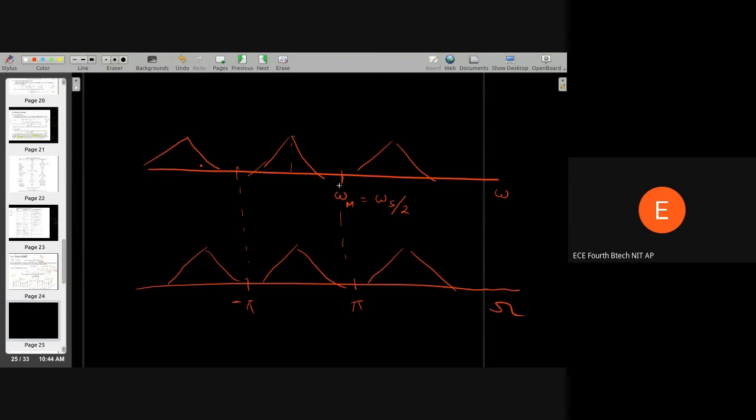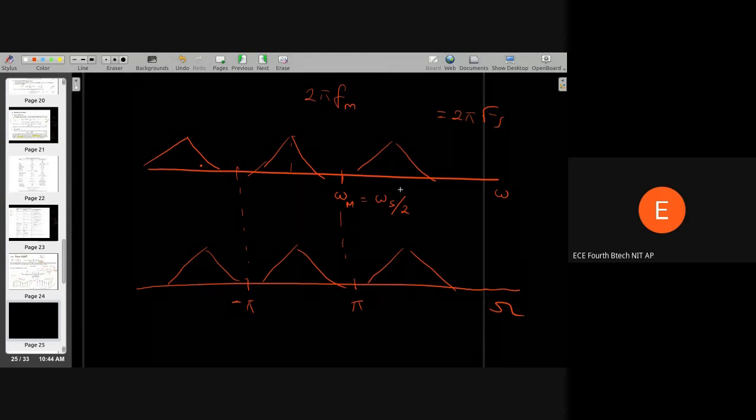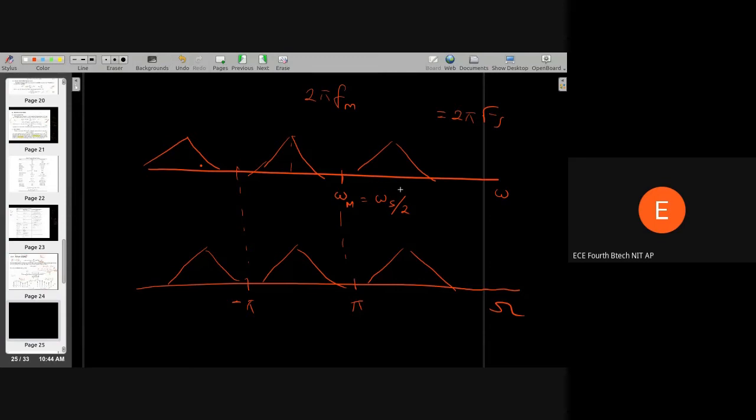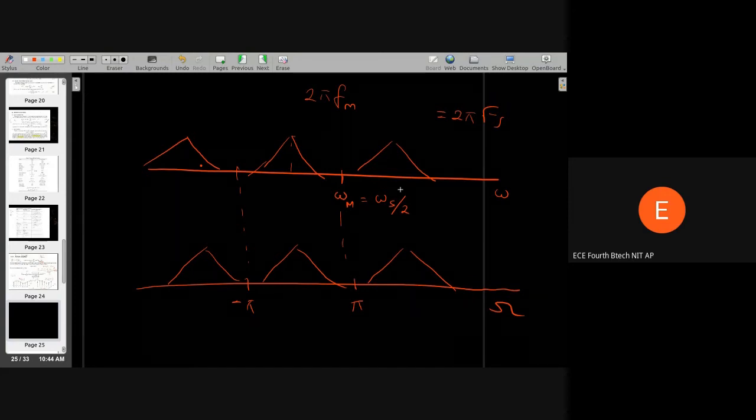Only then do we do sampling in the continuous domain. Omega s is nothing but 2 pi fs. What is your sampling frequency? It has to be more than the maximum frequency, 2 pi fm. That maximum frequency has to be half of your sampling frequency. Only then can you convert into a discrete time signal, and then ideally reconvert back, at least theoretically.